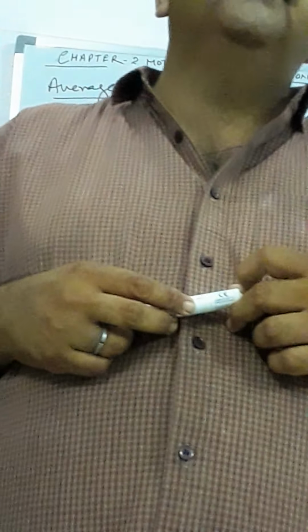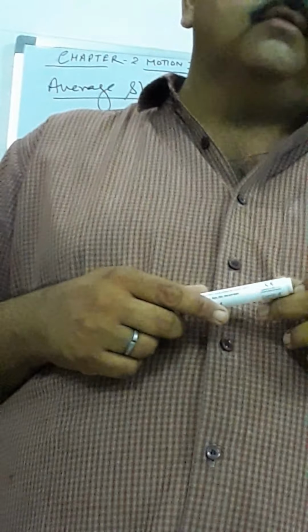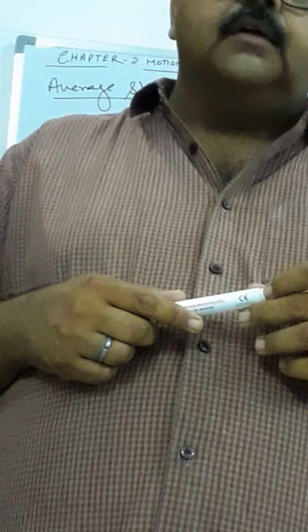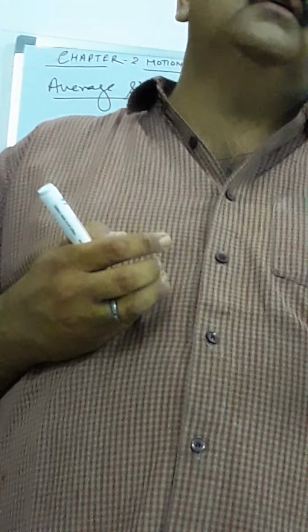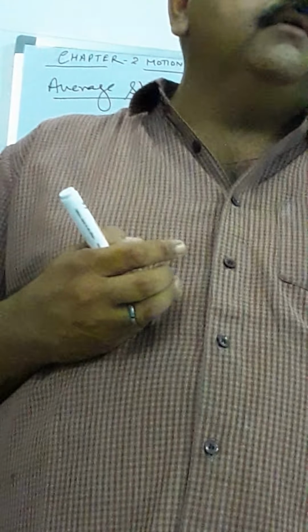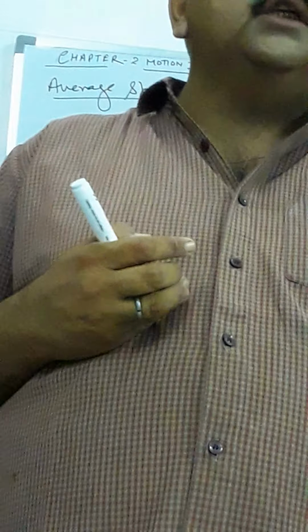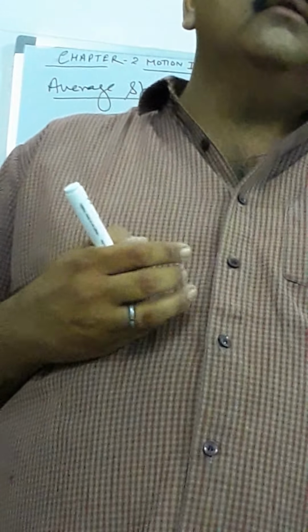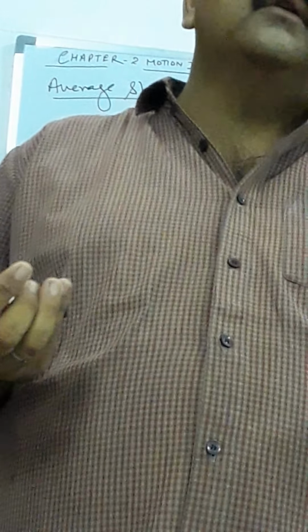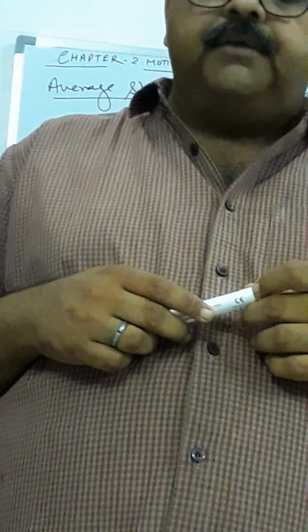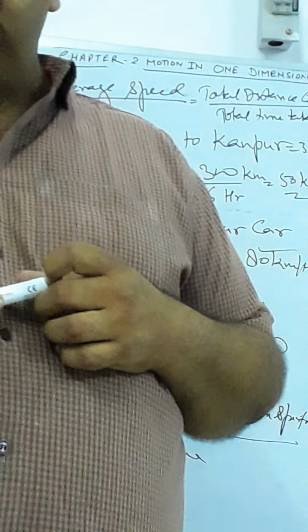Your car took 5 hours to reach there, but you travelled at 100 km per hour, also 80 km per hour, sometimes you come to rest, sometimes you are at 20 speed, red signal also. So you are moving with variable velocity.